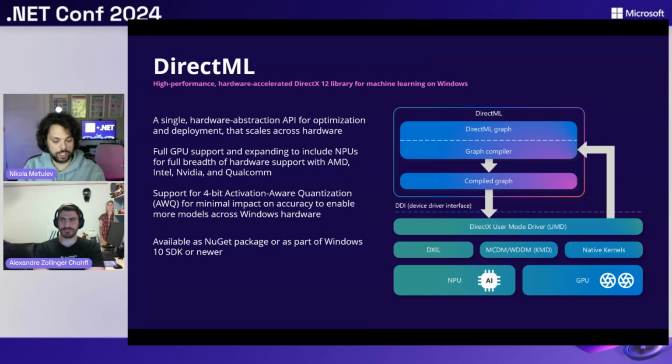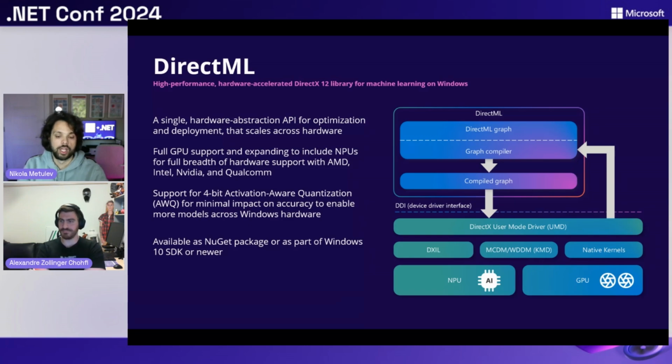So that way you as a developer only need to have one model that can target DirectML and let DirectML handle the execution of that model where it's running on the GPU, like an Intel device or AMD or NVIDIA, or it's also running on an NPU device with the Copilot Plus PCs. And it supports really cool features such as 4-bit activation aware quantization, which allows you to shrink down those language models and make them really small, while still maintaining accuracy and increasing the performance of those as part of that.